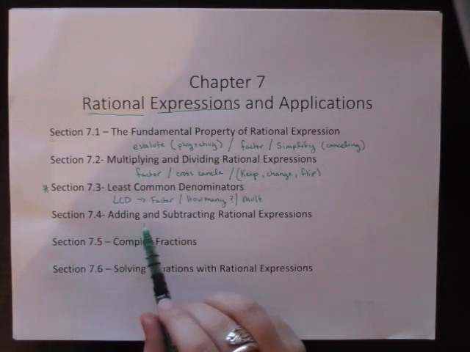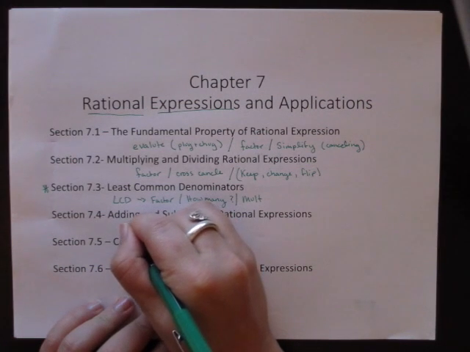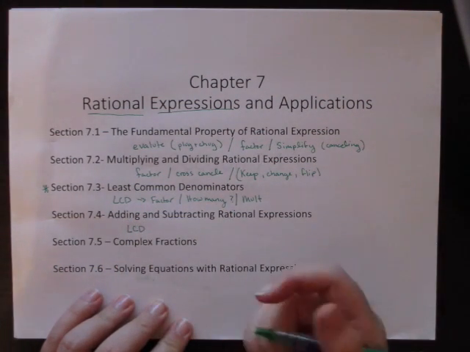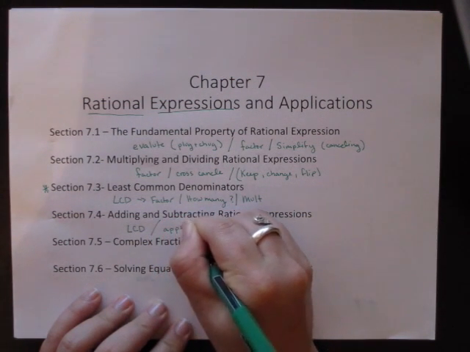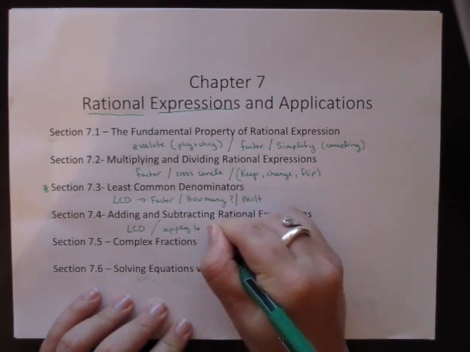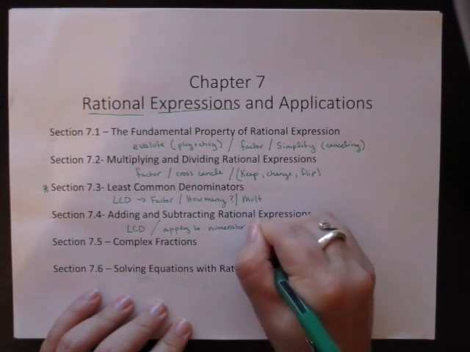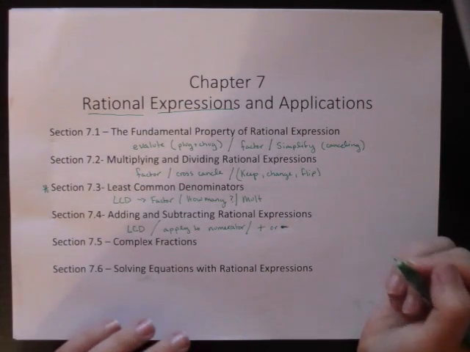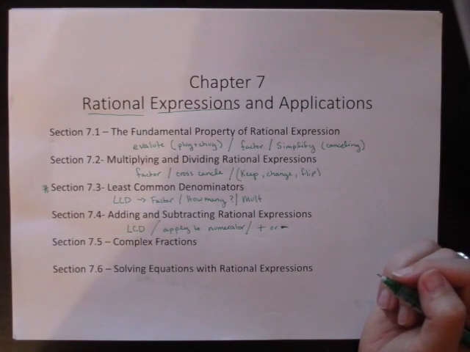In 7.4, we're going to be adding and subtracting rational expressions. When you add or subtract rational expressions, the first thing you have to do is find the LCD, just like you would with any type of fraction, and then you apply it to the numerator, and then you add or subtract. So if you know how to do 7.3, you're going to be great for 7.4.